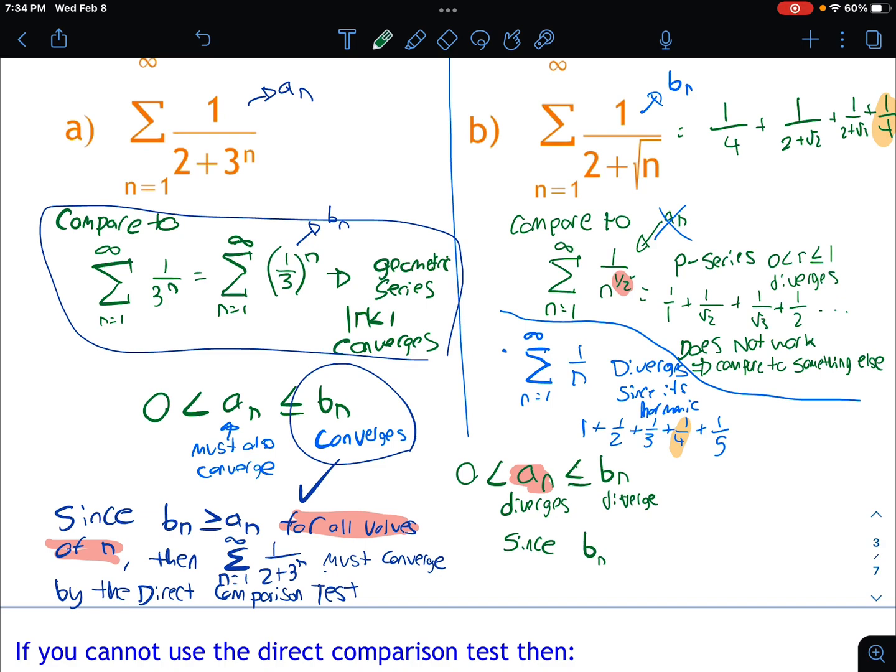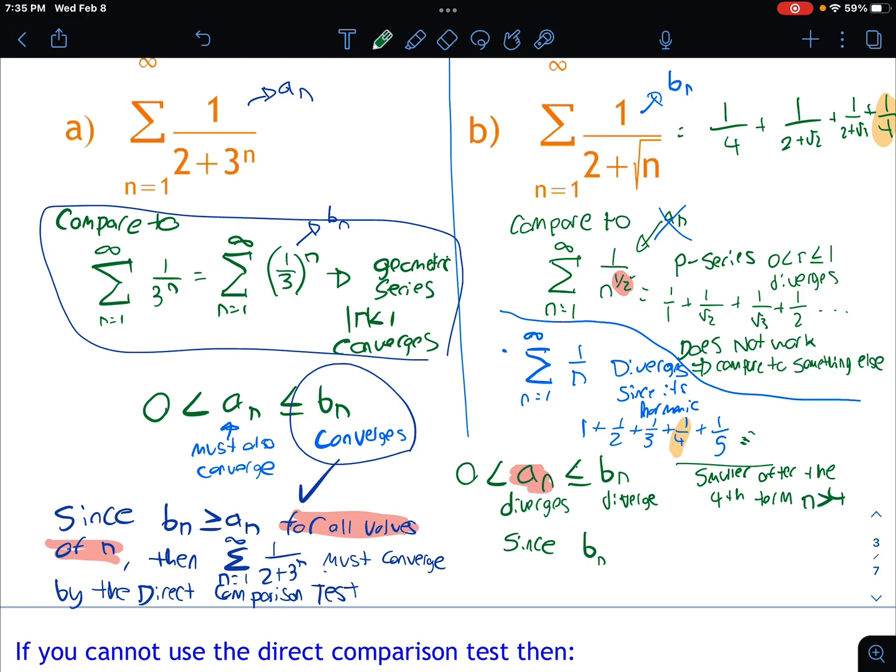So we just showed that this is always going to be smaller after the fourth term. So this is when n is greater than 4.